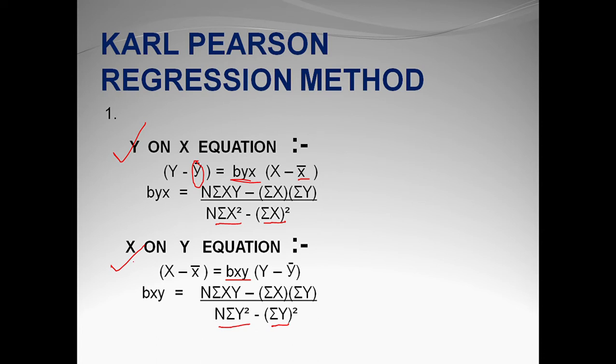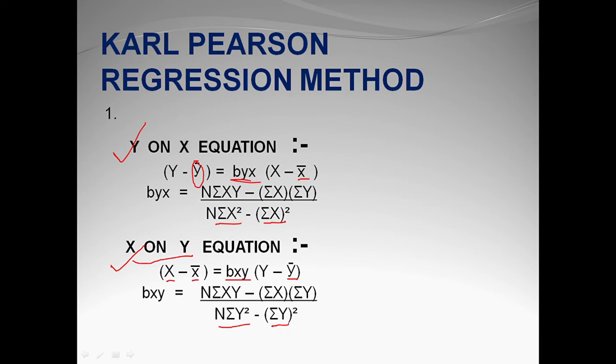It goes like x minus x bar. So x we will write as it is, and in place of x bar we'll write the mean of the x series, and here in place of y bar we'll write the mean of the y series.